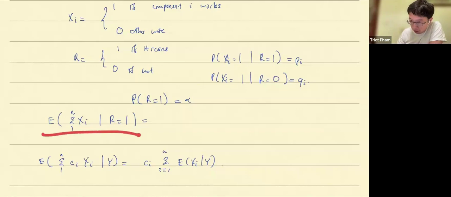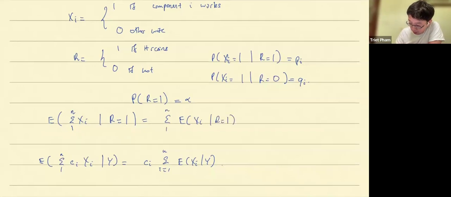Therefore, what is this? Well, it is the sum of the expectation of xi given r equals 1, by linearity. But what is this?